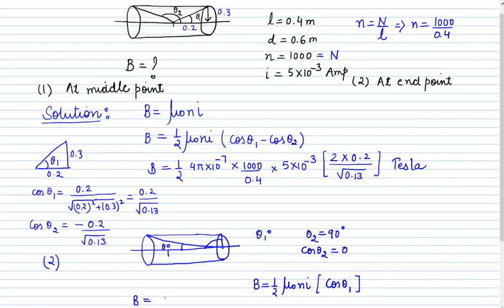B is equal to half mu naught is 4 pi into 10 to the power minus 7, and N is the number of turns, that is 1000 divided by 0.4, the value of small n. Then the value of I is 5 into 10 to the minus 3. And then this cos theta 1 we have to calculate. So again you have to make a triangle like this.